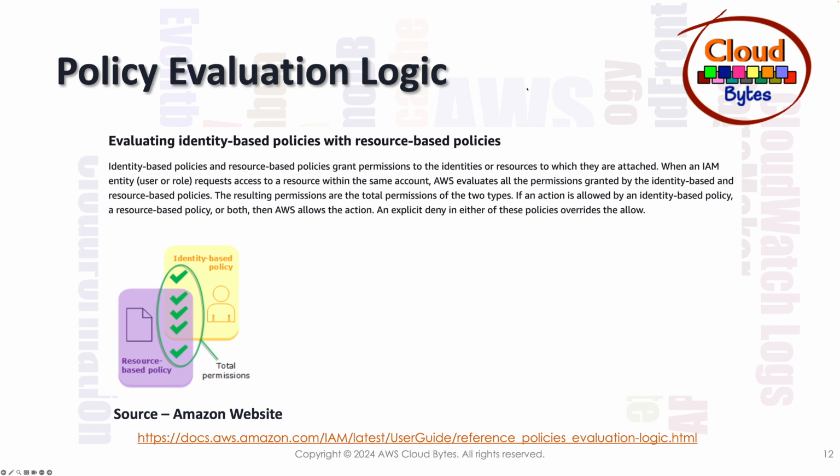Let's look into the policy evaluation logic. We are looking at the identity-based policy with resource-based policies. You can see if a user has an identity-based policy and there is a resource that also has a policy applied to it, this is the total set of permissions, an aggregation of all permissions provided to the identity as well as the resource, that will be applied for evaluating whether an allow or an explicit deny is required.